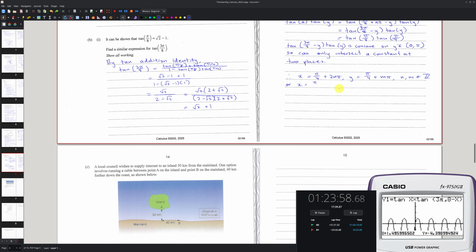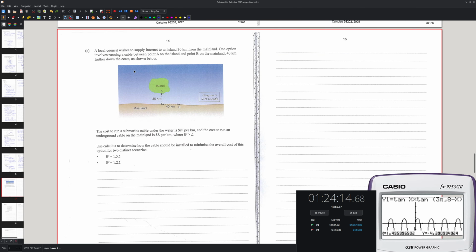Okay, those are the only solutions. Wait, they had x on 2 so that you wouldn't have to write out two different families of solutions, bro. That's crazy.